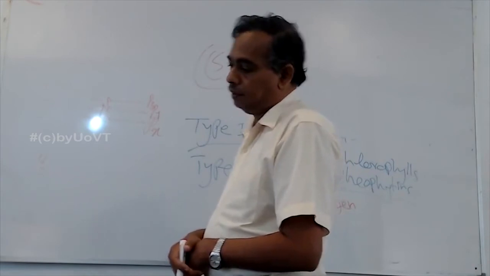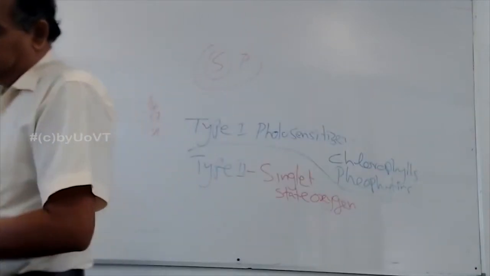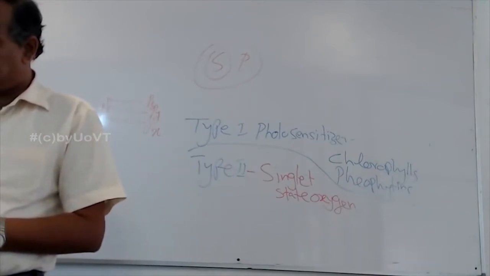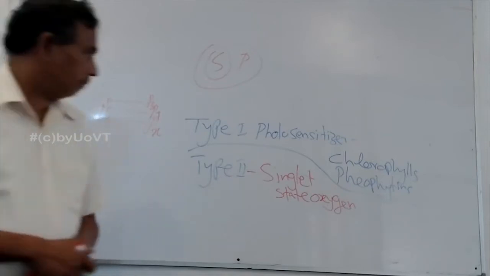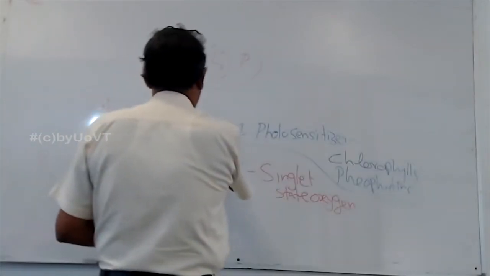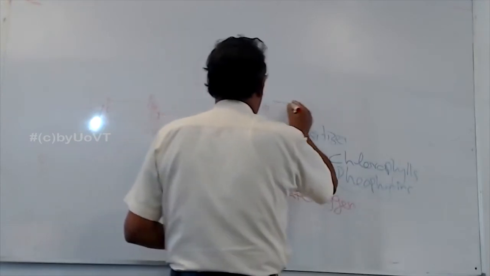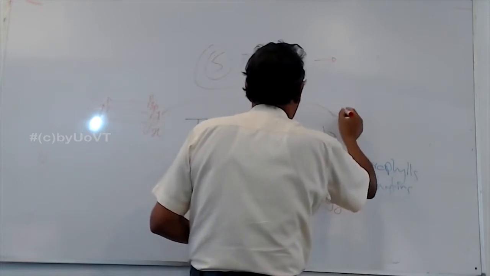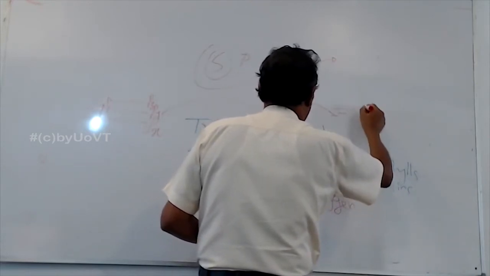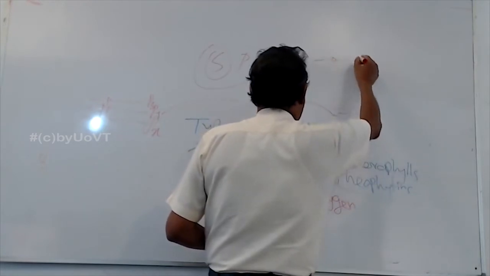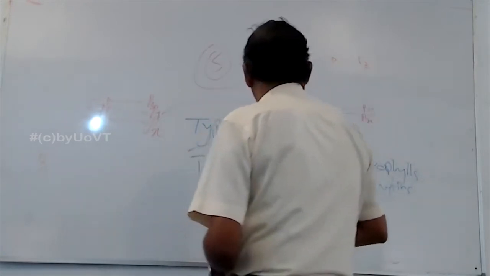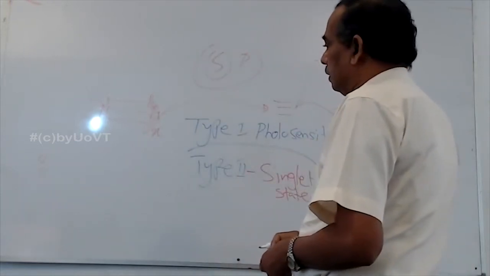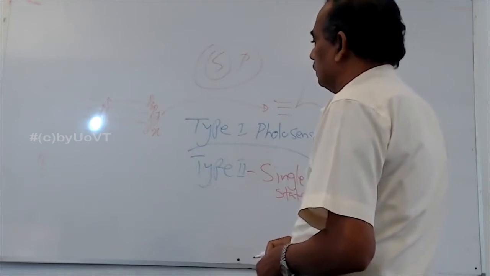Then, if the system obtains energy from outside, what will happen? These p orbitals divide into 2 groups: px and py are at the same level, while pz is a high energy orbital.